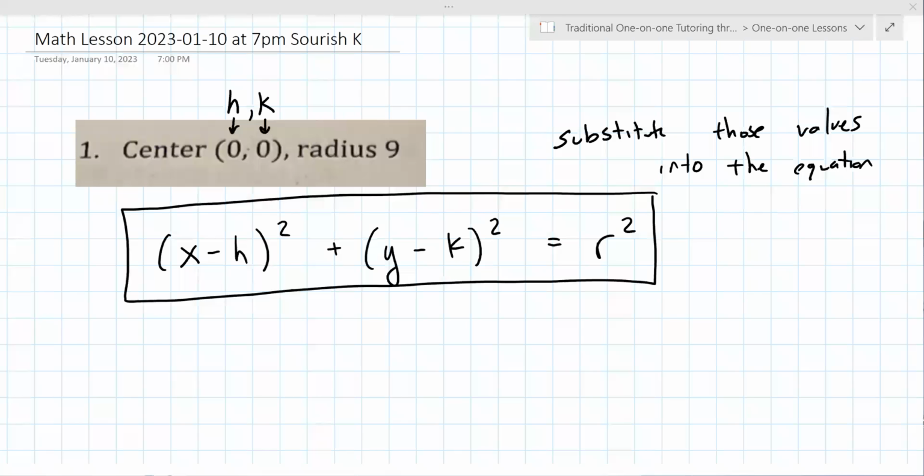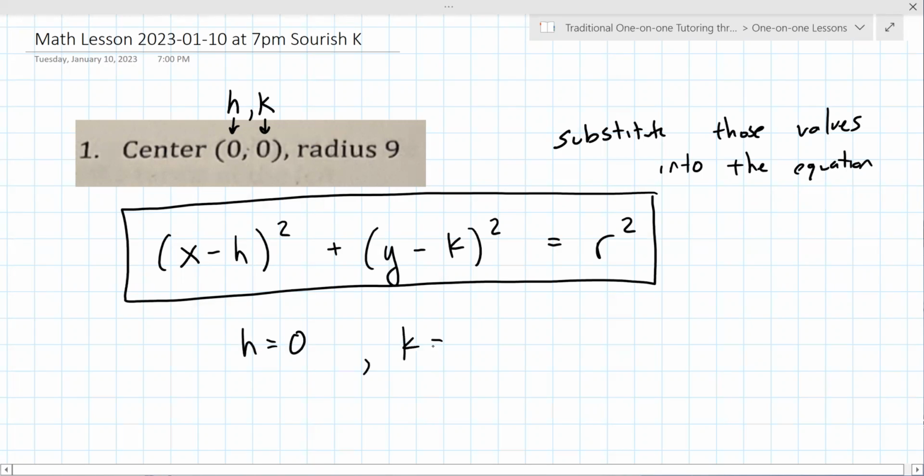Okay, I got that. So again, the value of h is 0, k is 0, and that comes from the center here. And the radius is 9, the value of r is 9.